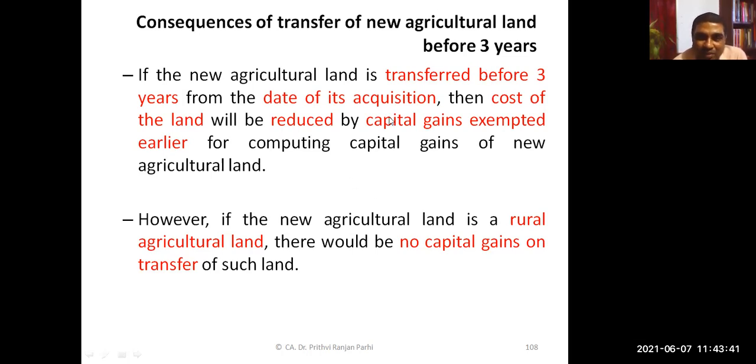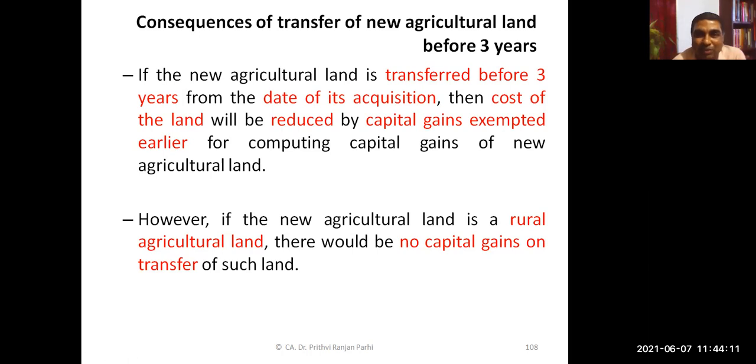If it is transferred, then for cost of acquisition, the exemption which is allowed earlier will be deducted. But again, if the new agricultural land is rural, then when you transfer that rural agricultural land, there will not be any capital gain tax. So this withdrawal of exemption doesn't apply there.